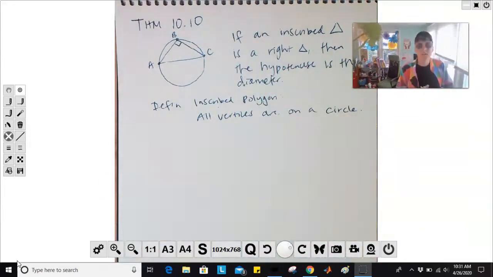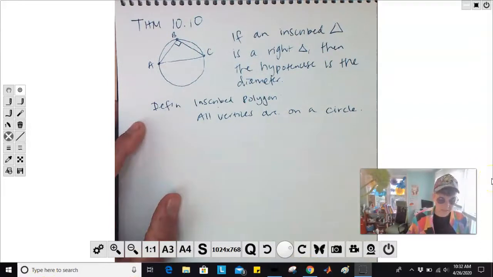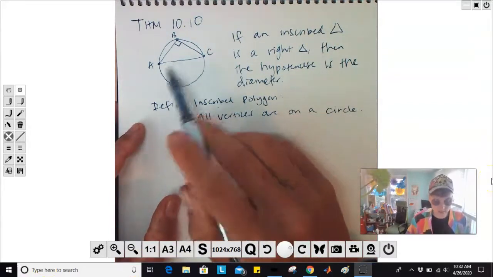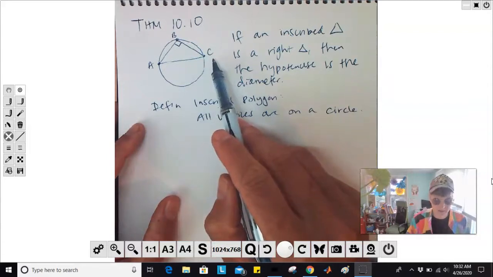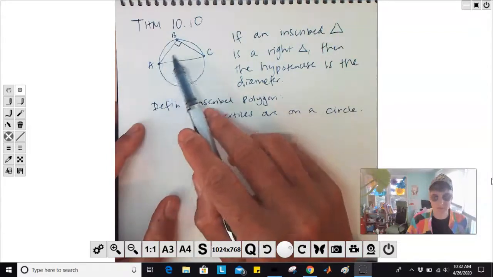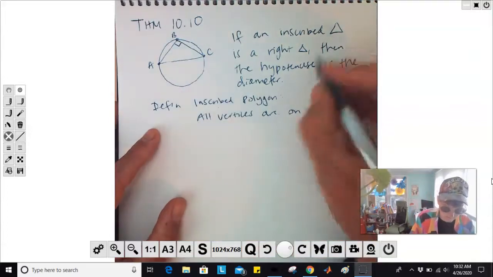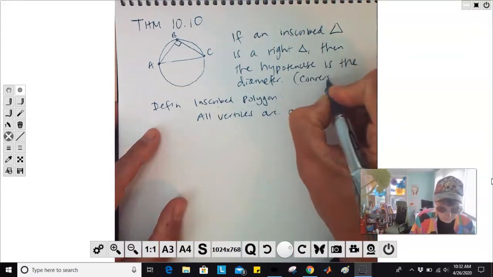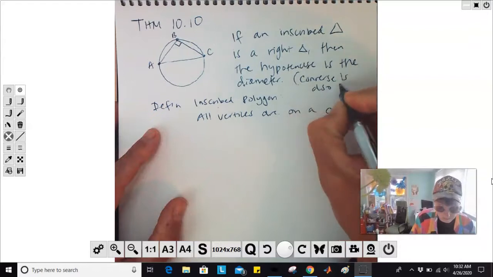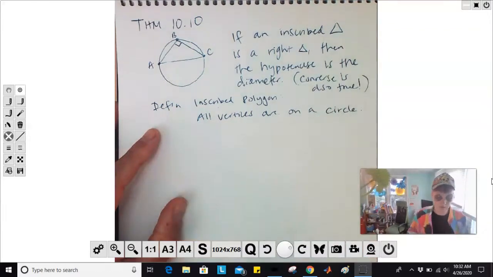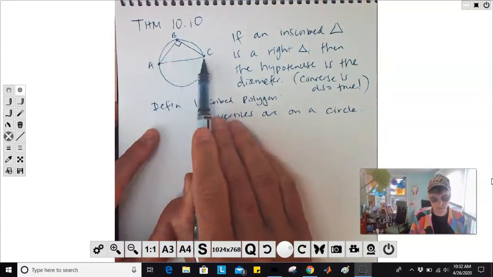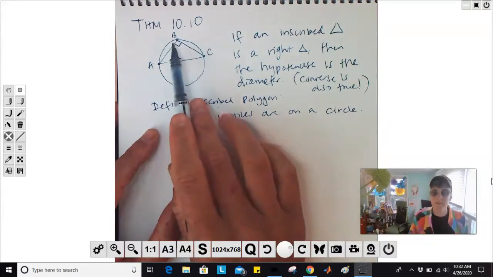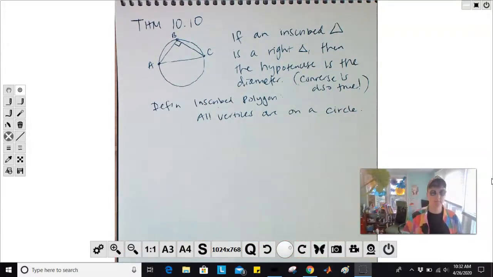And the converse is also going to be true, meaning that if one side of an inscribed triangle is a diameter, then this inscribed triangle must be a right triangle. Converse is also true. So if one side of an inscribed triangle is a diameter of a circle, then that triangle must be a right triangle. Cool. All right, one more theorem.